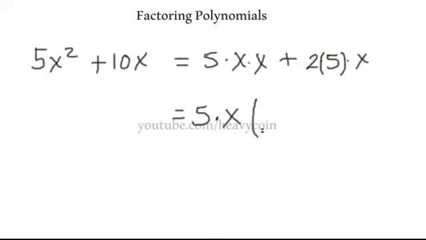Now I'm going to start a parentheses. So we pulled out a 5 and we pulled out an x, so we're left with an x here, and we're just going to be left with a 2. So you see, because we pulled this 5 and this x completely out, this thing now has been factored: 5 times x plus 2 in parentheses.